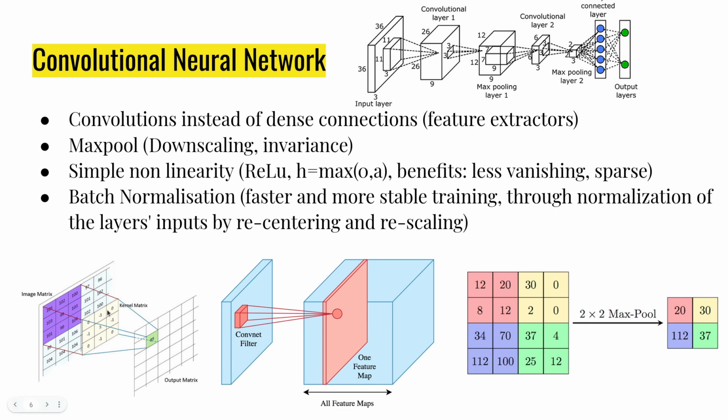Other than this convolution operation, we have max pool. That is another thing introduced in CNNs. So let's say we have done convolution and we got this output image. If there is an edge here, this next window also might have an edge. Often this information might be redundant.